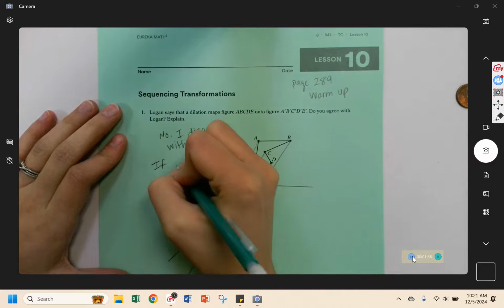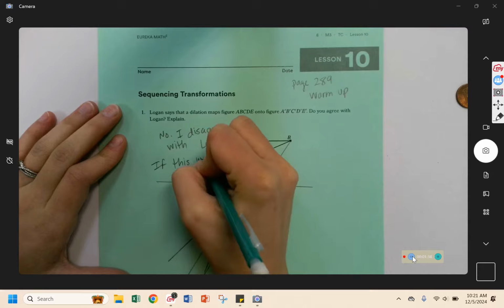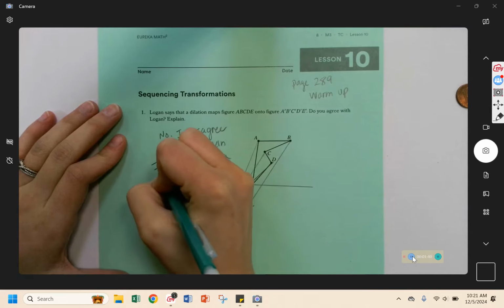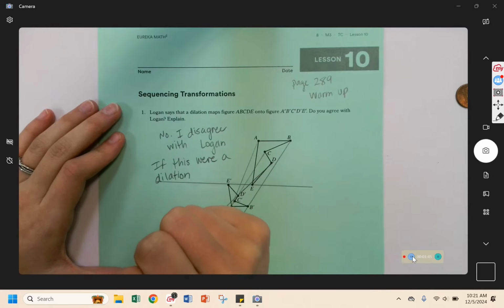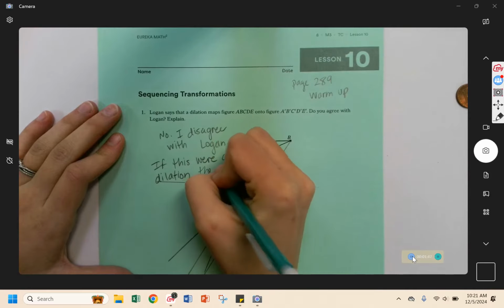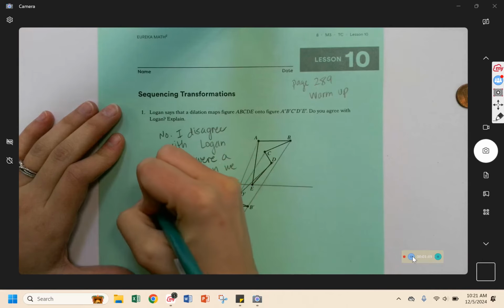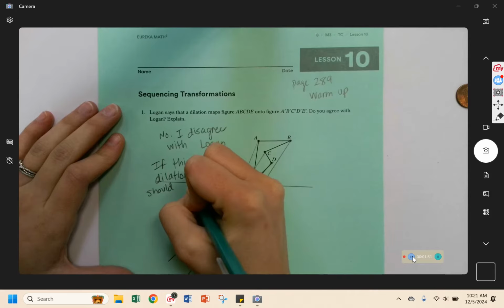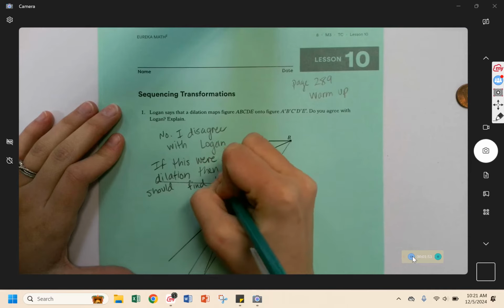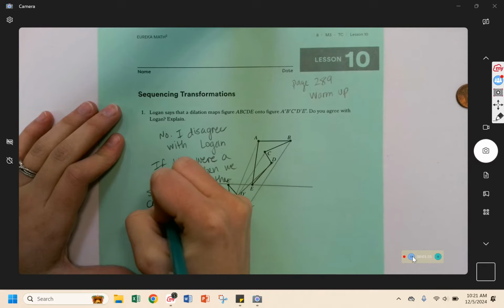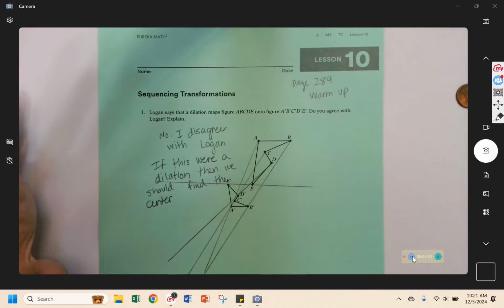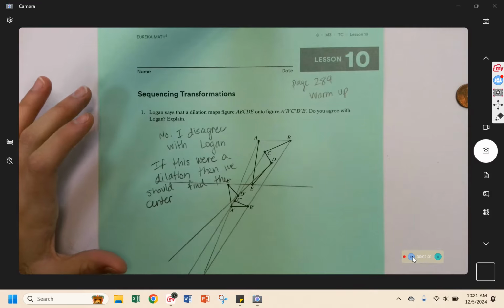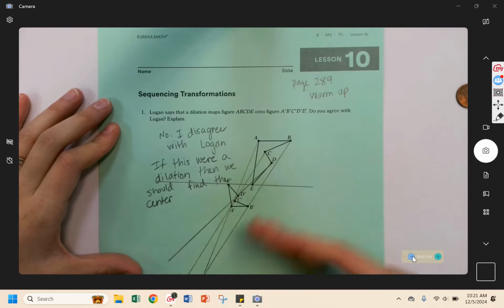If this were a dilation, then we should be able to locate the center of dilation by connecting lines through corresponding vertices, but these do not all line up at a common point.